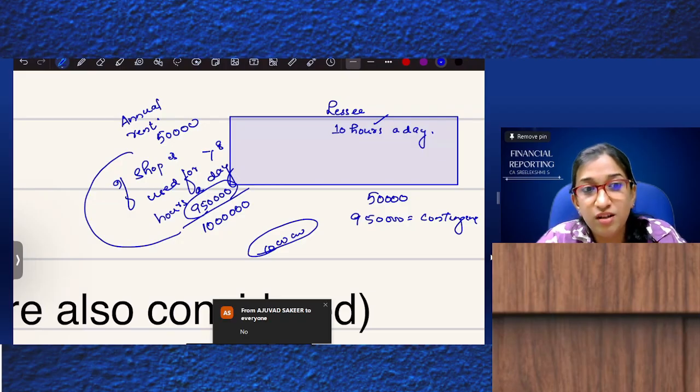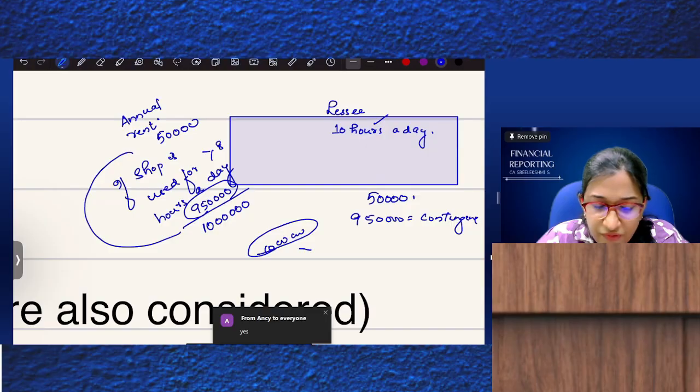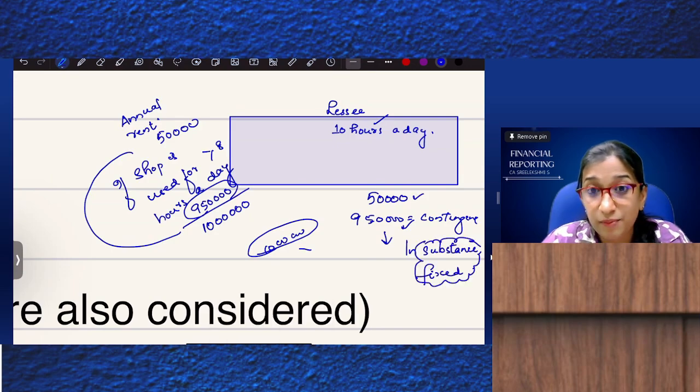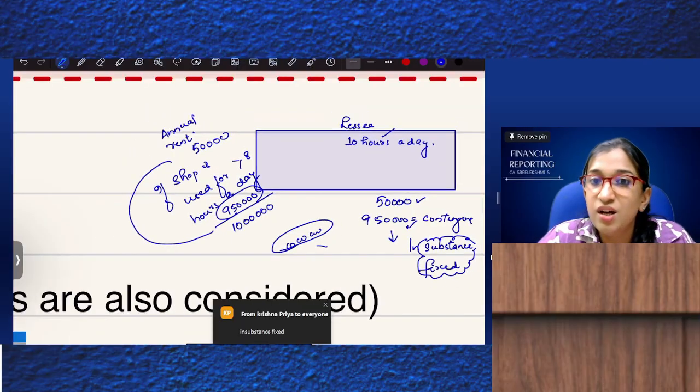So is this contingent? We'll say no, this is not contingent. This 9 lakh 50 will be called in-substance fixed. Legally it is contingent, but it is in-substance fixed.